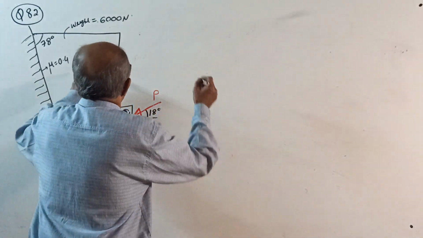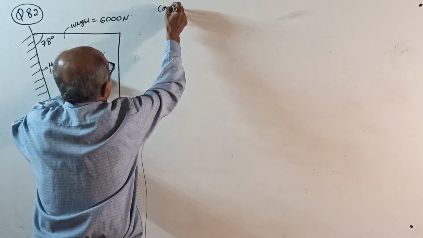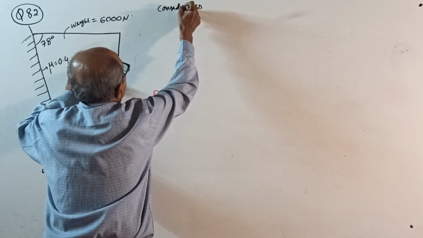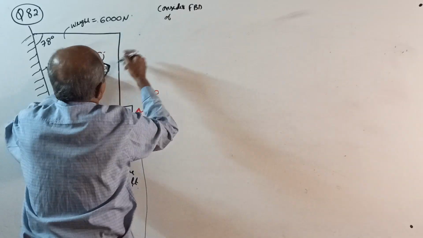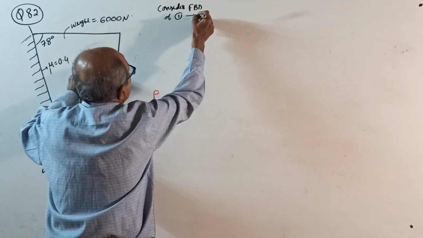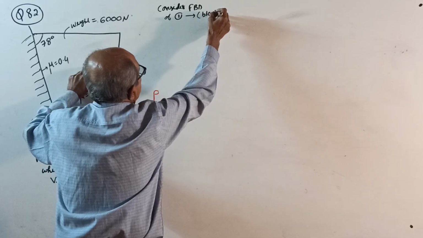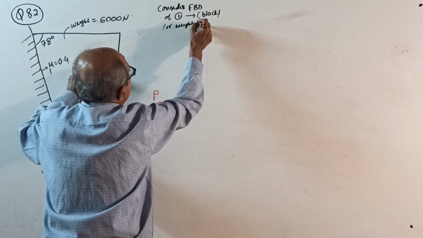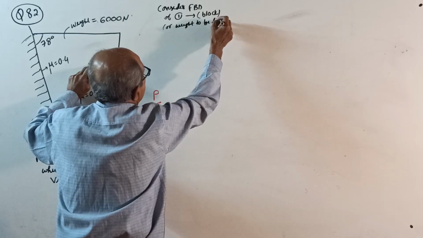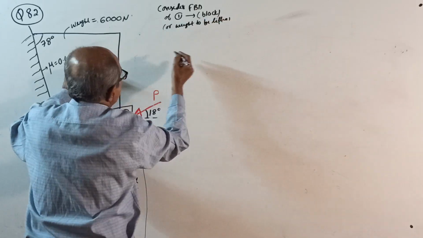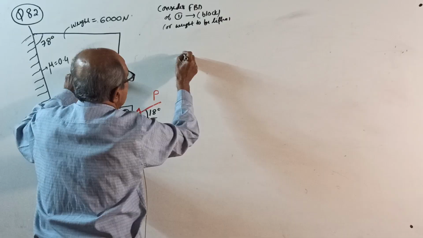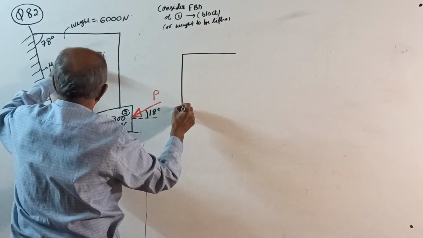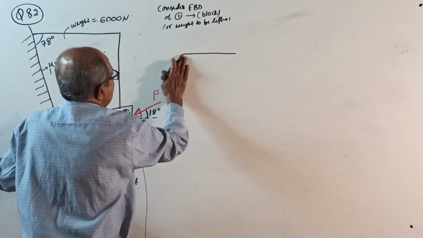Okay, I start. Consider the free body diagram of 1. 1 means the block, or you can say the weight to be lifted. Everything explained for you. See what I am doing now. Same shape. Oh, sorry, inclined.